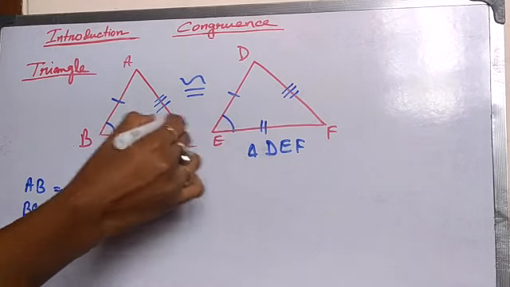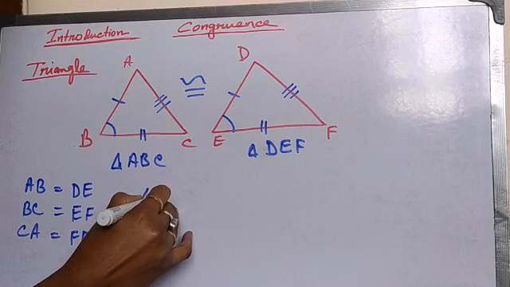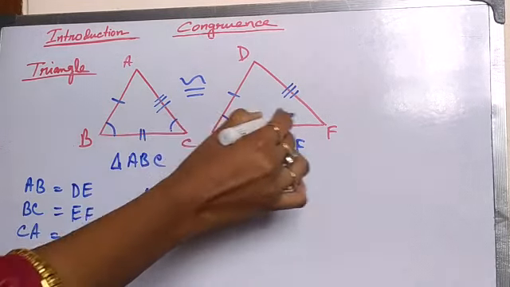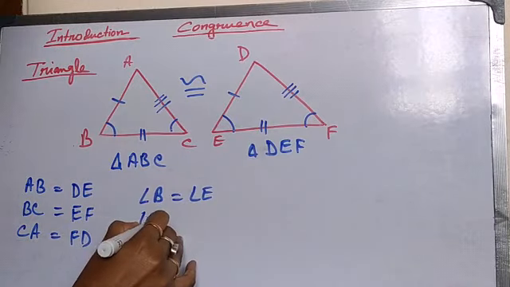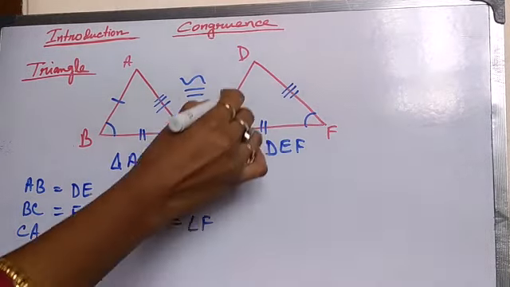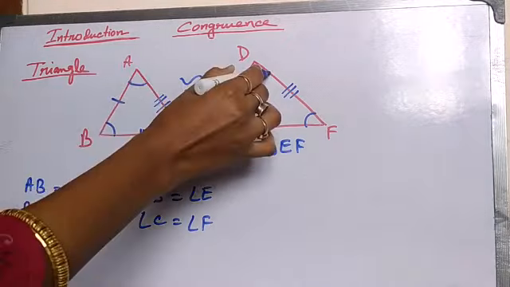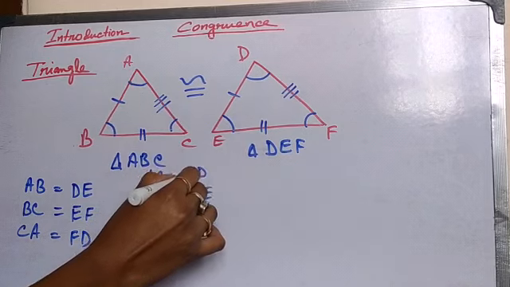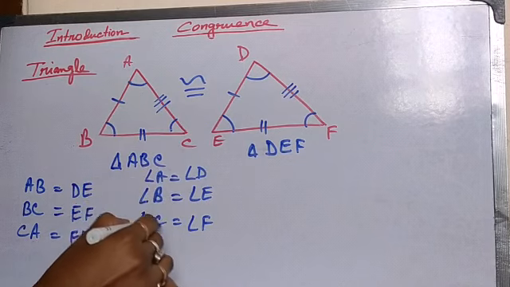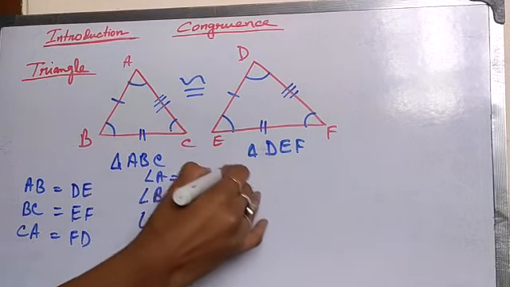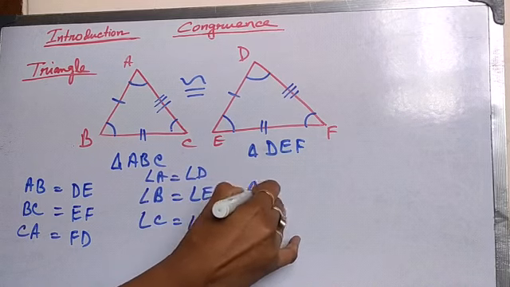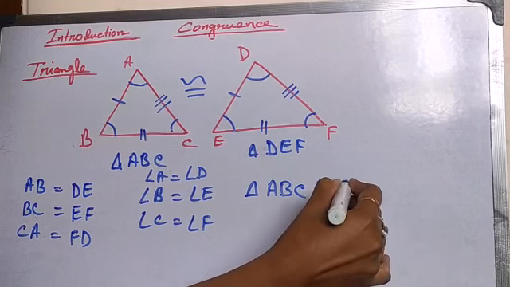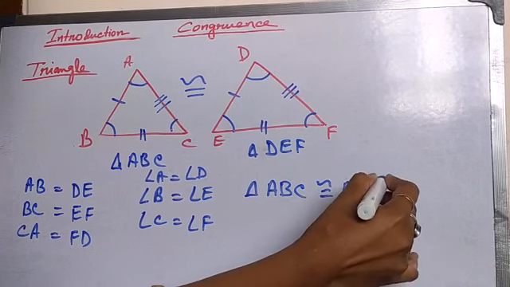That means angle B equal to angle E, angle C equal to angle F, and angle A equal to angle D. So corresponding angles also will be equal. Then we can say that triangle ABC is congruent to triangle DEF.